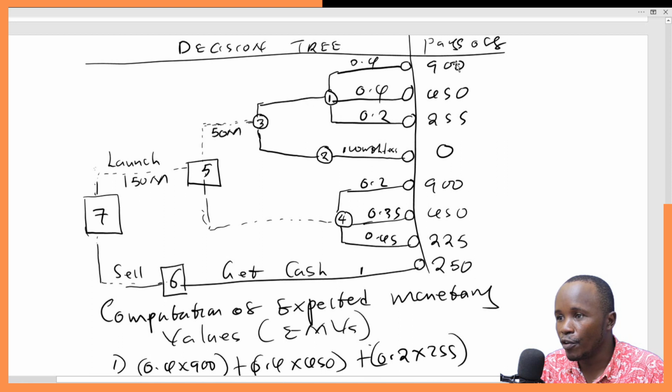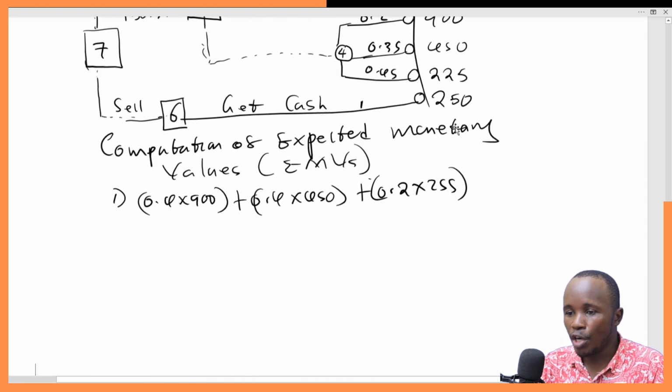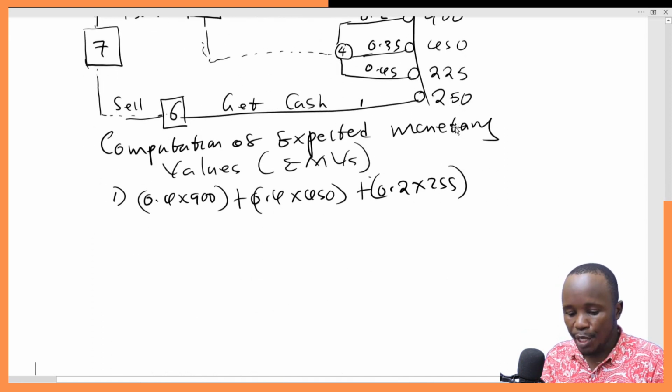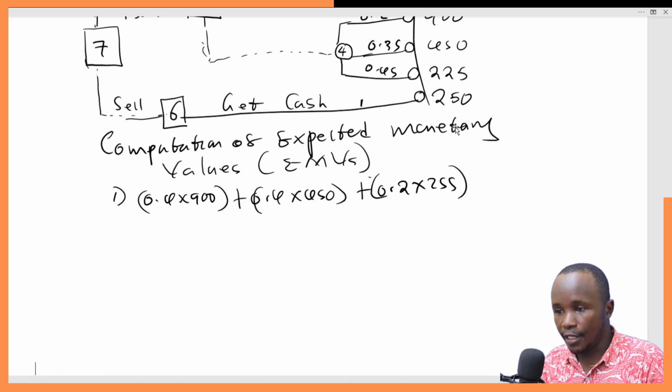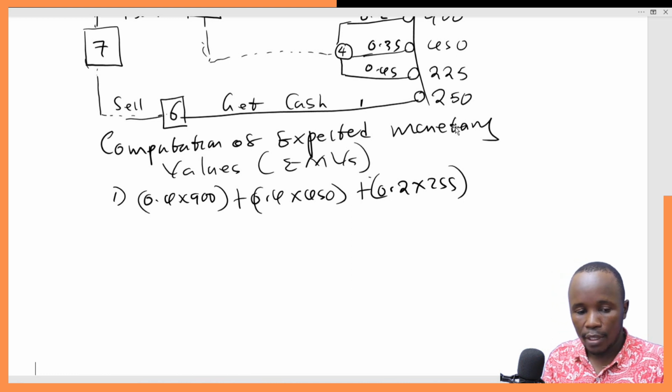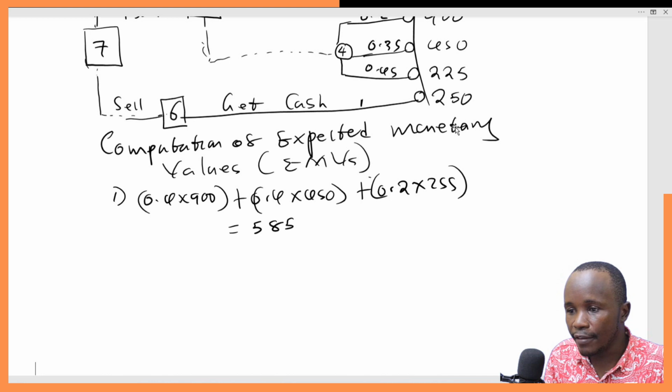That means 0.4 times 900, 0.4 times 450, 0.2 times 255. What is the answer here? Pick your calculator. 0.4 times 900 plus 0.4 times 450 plus 0.2 times 255. This gives me 585 million.